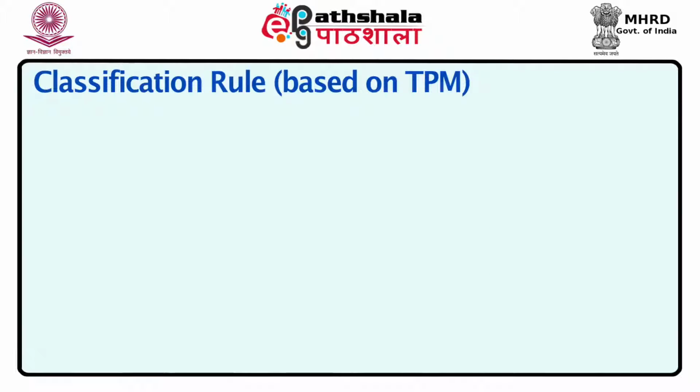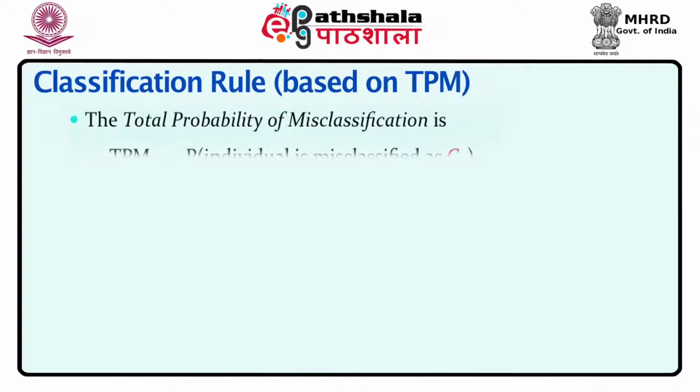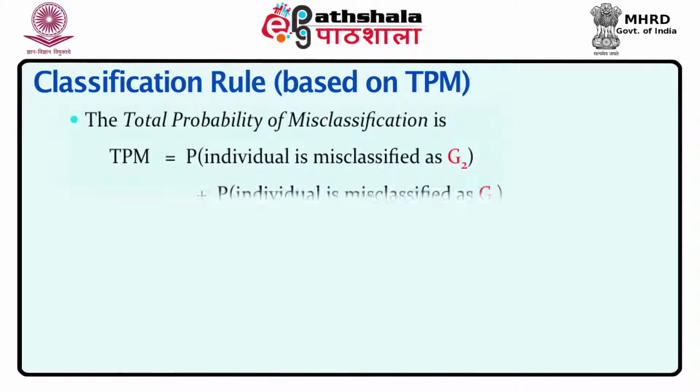Now there are several classification rules. The simplest but probably not the best rule is the total probability of misclassification rule. By the total probability of misclassification is meant the probabilities of the two misclassifications: the probability that an individual is misclassified as G2 and the probability that the individual is misclassified as G1.